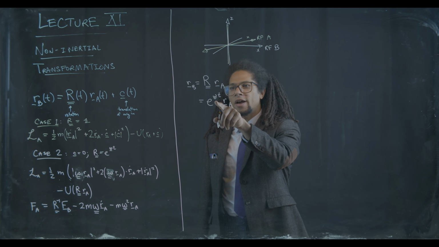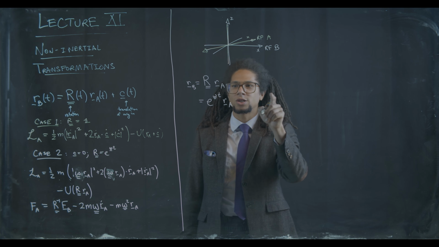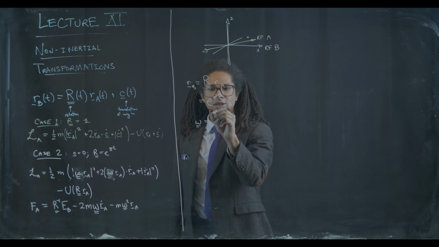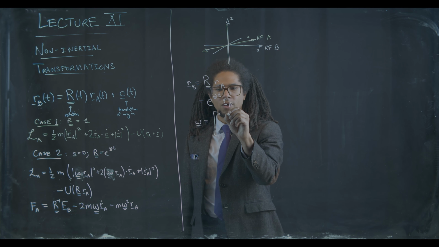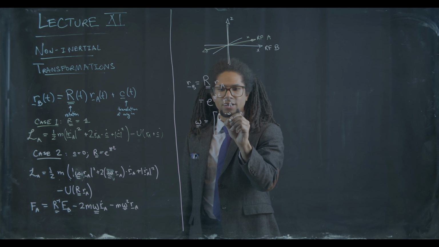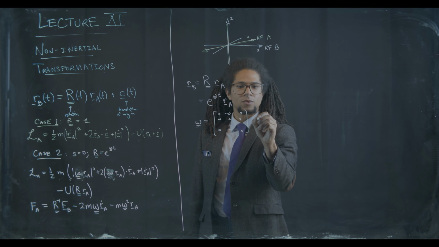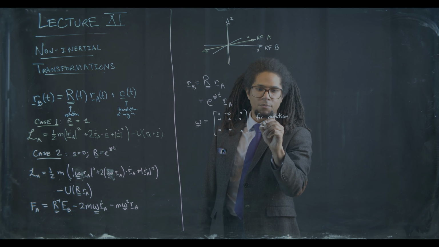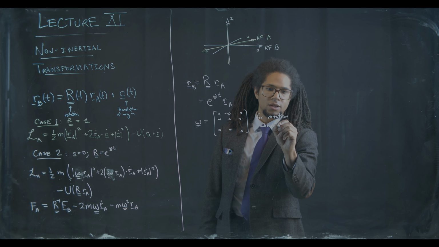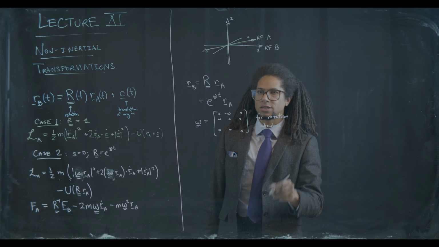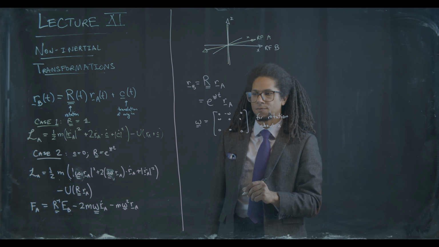It'll have non-zero entries in the 1,2 and 2,1 entries. So I'll have omega is equal to, let's try, the matrix with rows (0, minus omega, 0), (omega, 0, 0), (0, 0, 0), for rotation about z. And I want to check and make sure that this gives us the right answer.